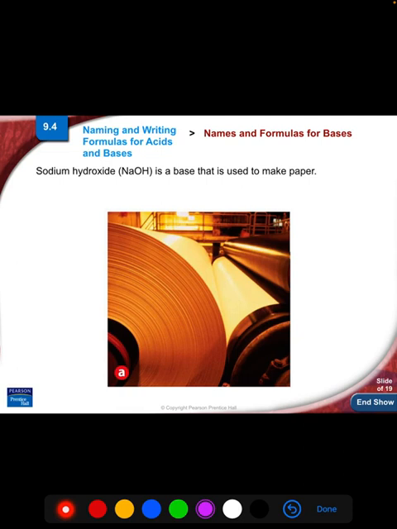Bases are very common in our everyday usage. Sodium hydroxide is used to make paper. It's also better known as lye, used as a drain cleaner, and it's used to saponify lipids and make soap.